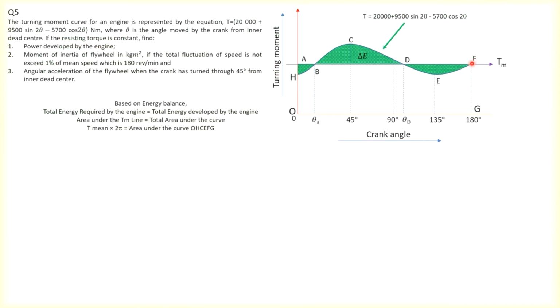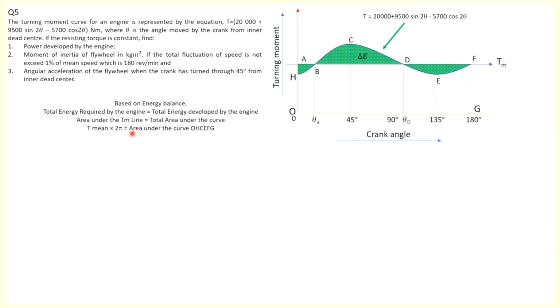Resisting torque is constant. So this area here represents the total energy required by the engine, which is the height T mean multiplied by the base of 2 pi. So here we use 2 pi, that means 360 degrees, or you can take T mean times pi.